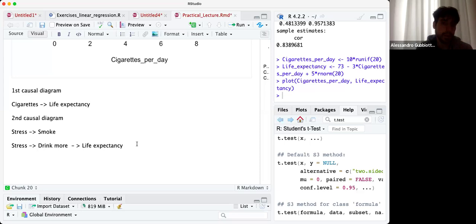So what one can do is to take this variable, add it to the data, and do a linear regression with all the possible explanations, so also with this drinking level.